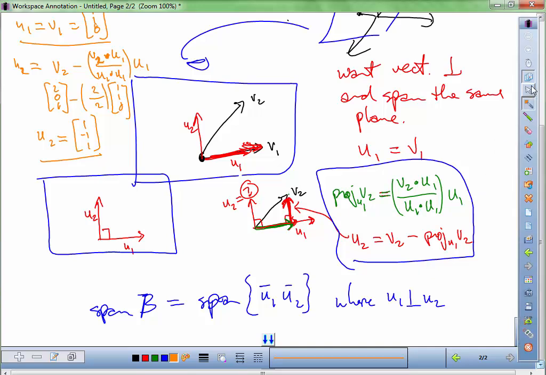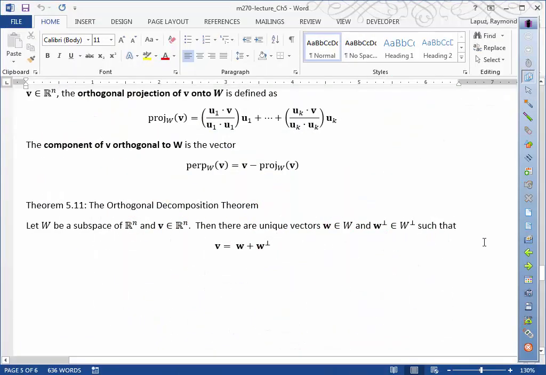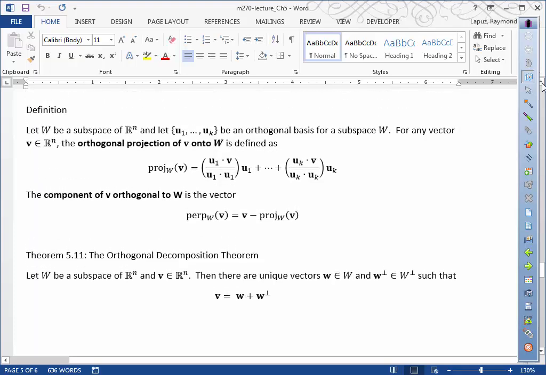Okay, so that idea is discussed at the end of 5.2. If you want to look at your book, I don't know exactly what page it is, but this idea of orthogonal component business I'm not going to talk about.